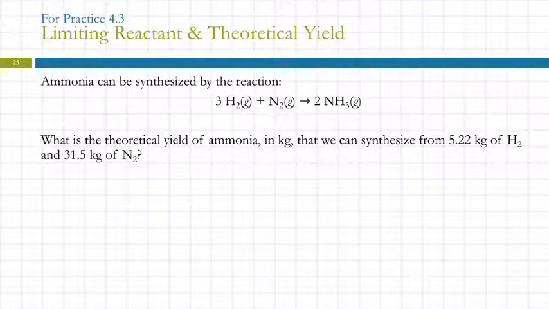I'm going to take my numbers and stick them under the appropriate formulas. So hydrogen is 5.22 kilograms. And nitrogen is 31.5 kilograms. And the question, what yield of ammonia is NH3, you're supposed to know that one, in kilograms?